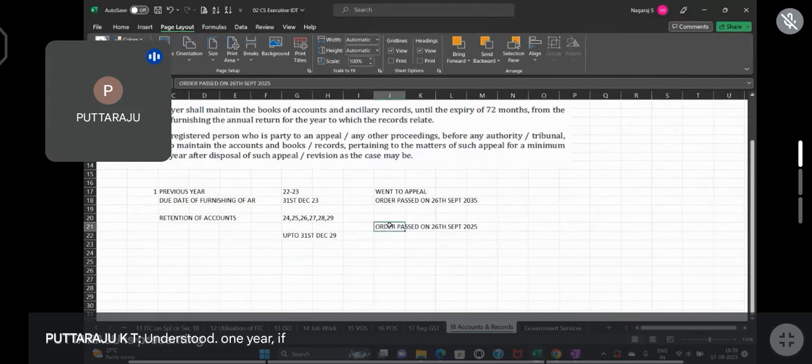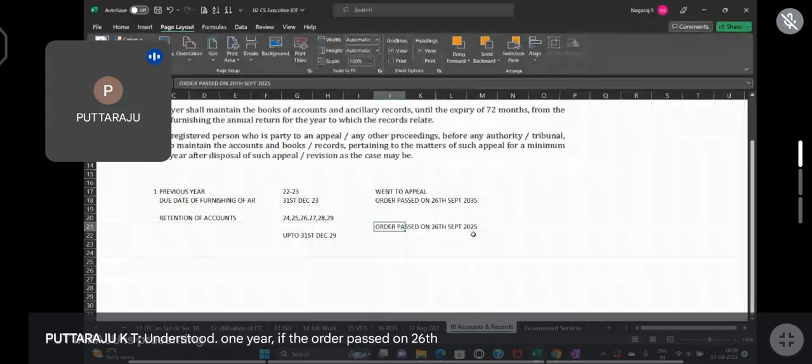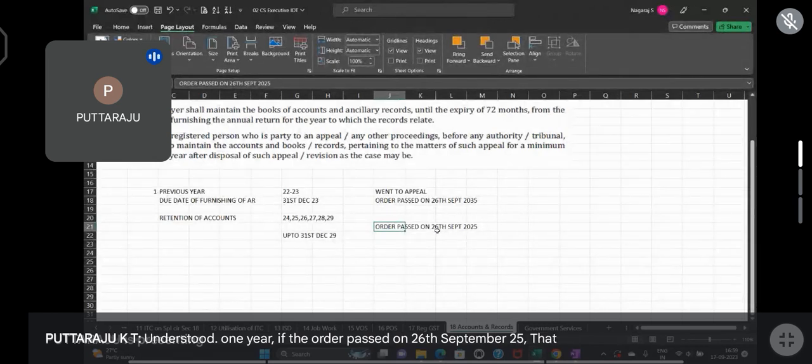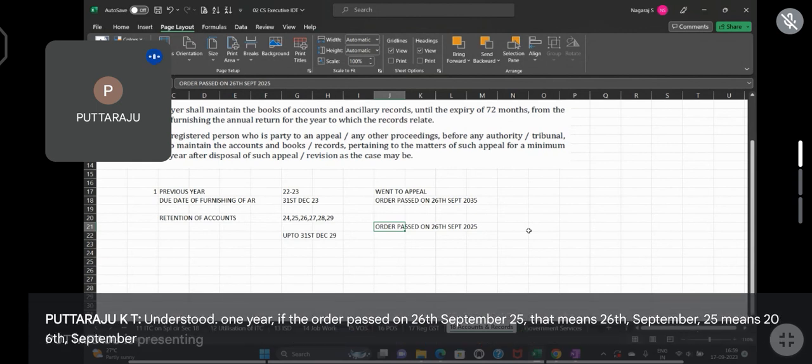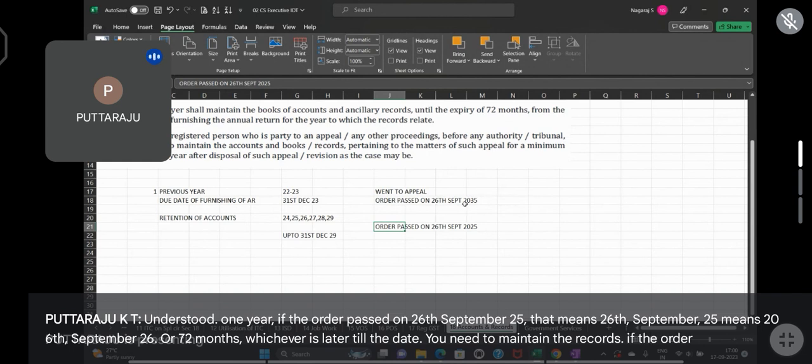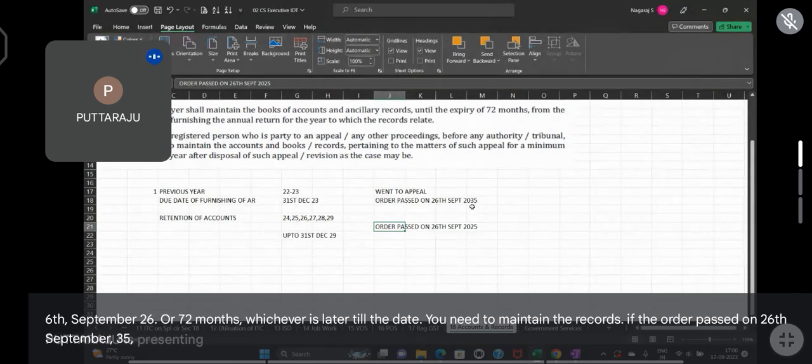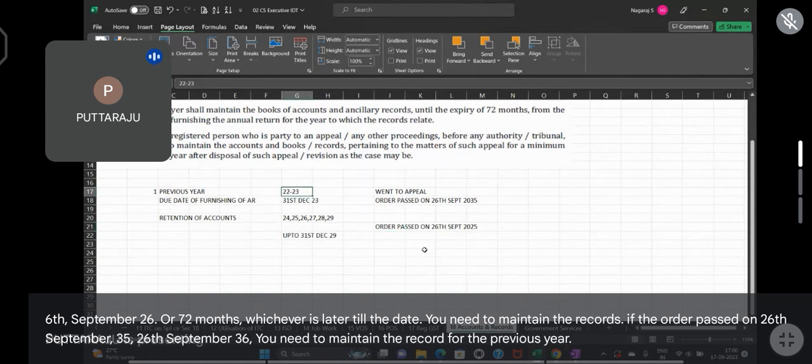If the order is passed on 26th September 25, that means 26th September 26 or 72 months, whichever is later. Till that date you need to maintain the records. If the order is passed on 26th September 35, then till 26th September 36 you need to maintain the records for the previous year 22-23.